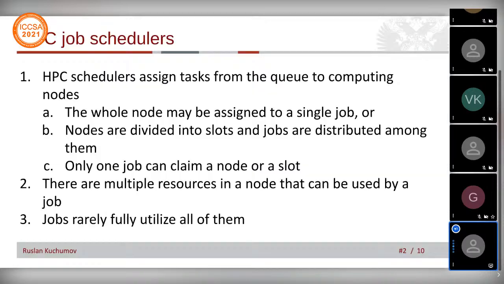In this work, we are trying to address the problem of the very low cluster utilization of current high-performance computing job schedulers. Recently, in scientific literature, an alternative scheduling approach to what we have in common HPC schedulers has arisen, which is called co-scheduling.